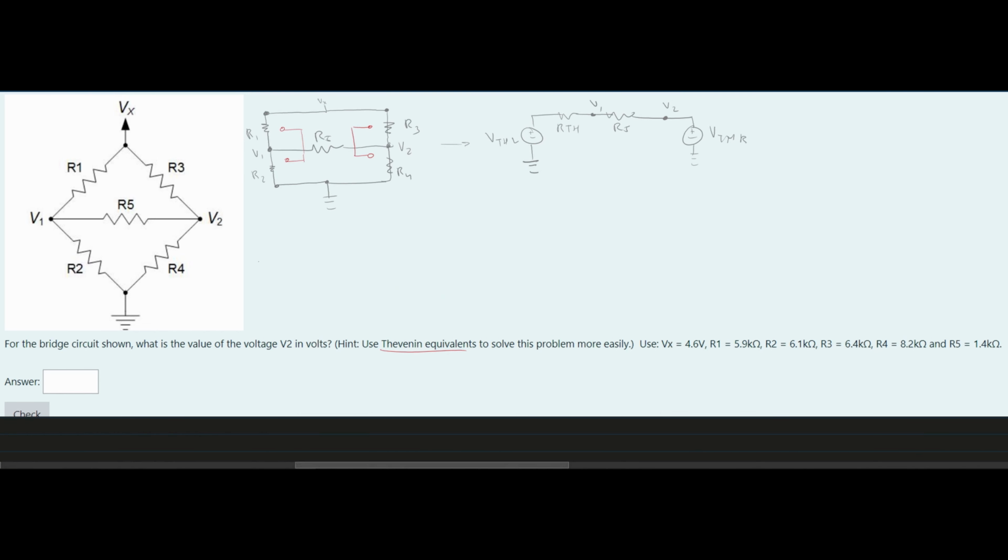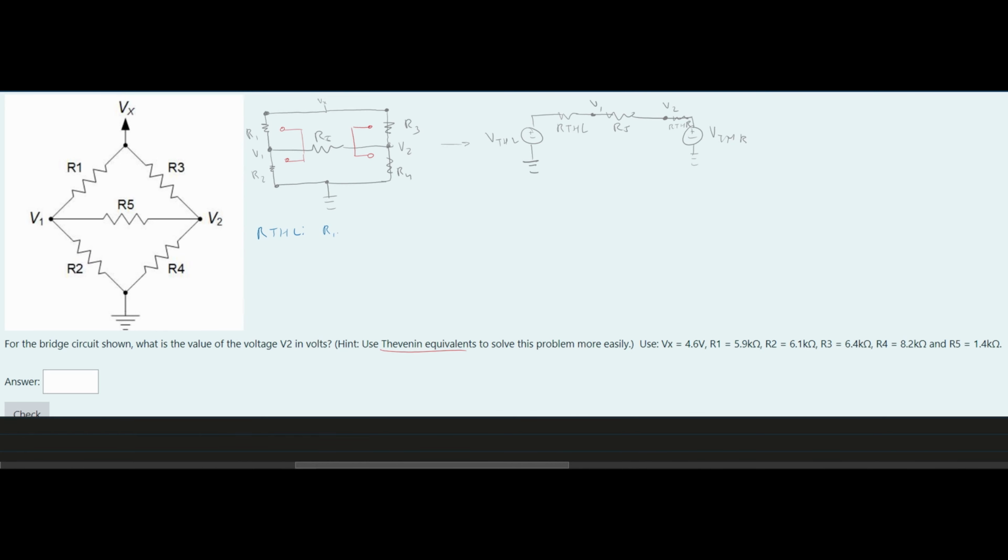So our RTH, and I forgot to write down RTH of L, the resistor on this side, and RTH of R, are going to be the following. We have the resistance Thevenin on the left, which are these two resistors in parallel.